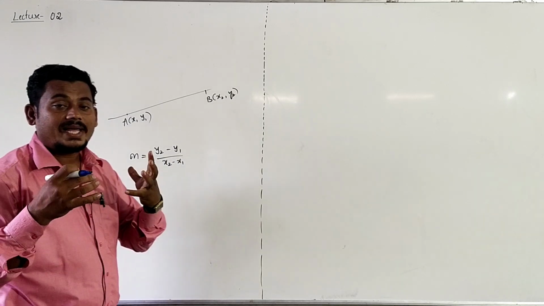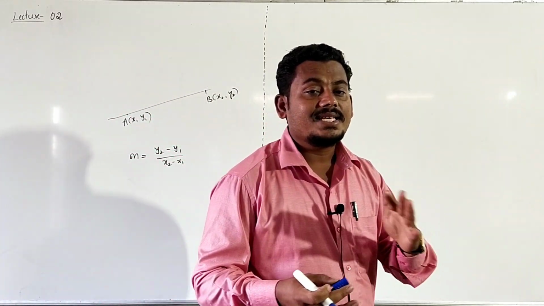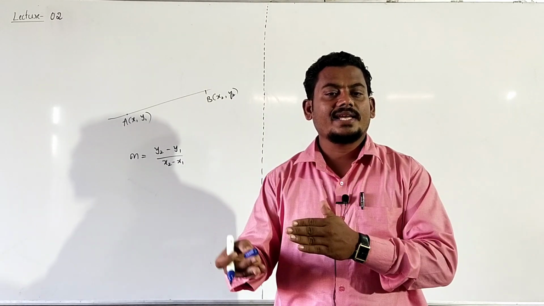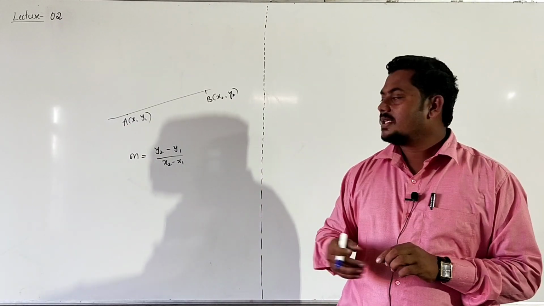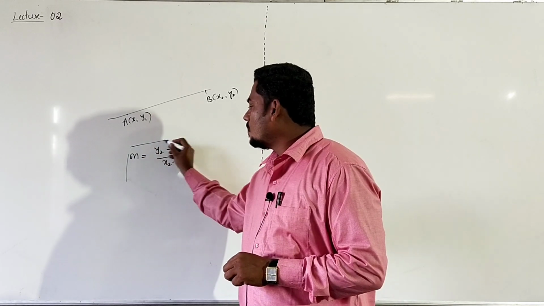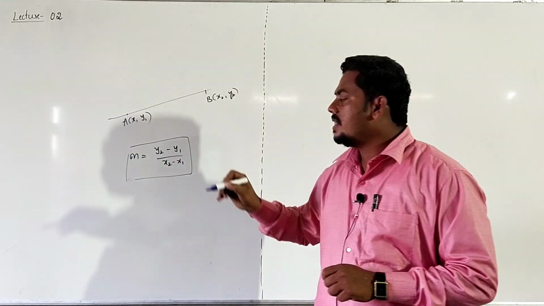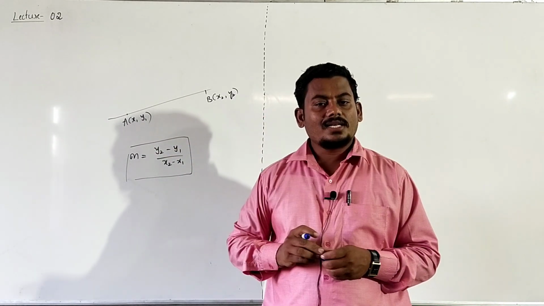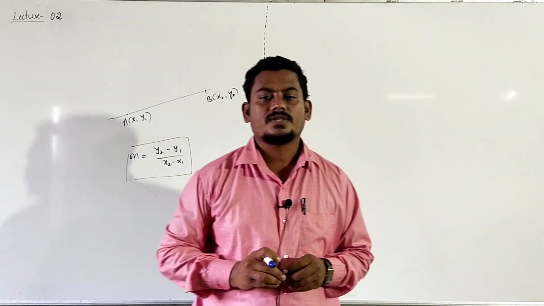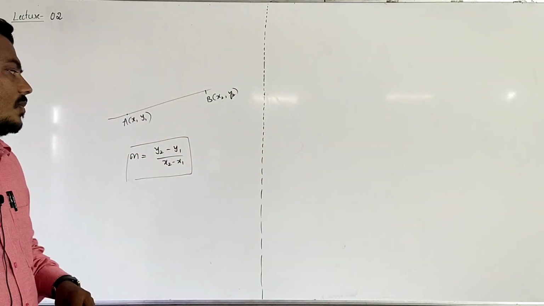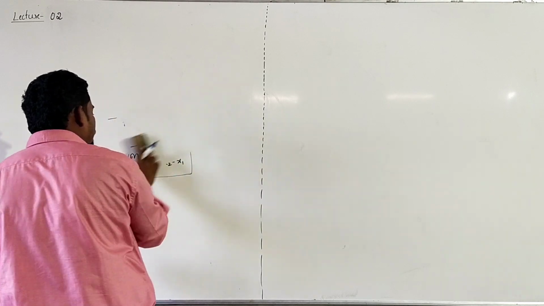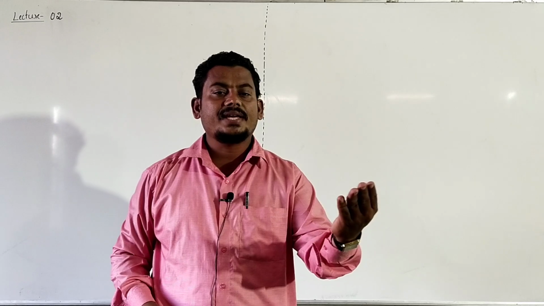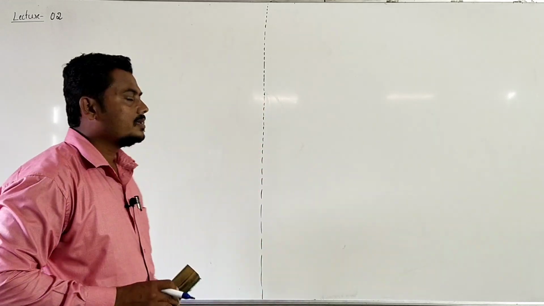Small m is equal to y2 minus y1 divided by x2 minus x1. We have to derive this formula. This is one of the important 5 mark questions, deriving the slope of the line joining 2 points, right?